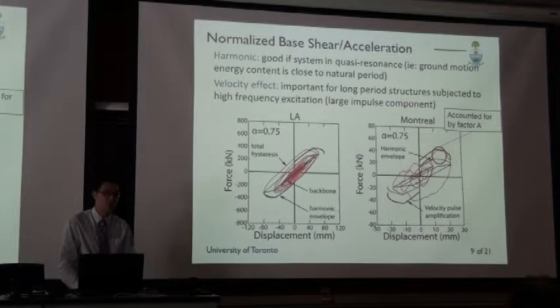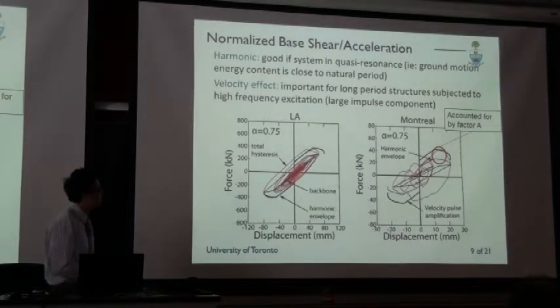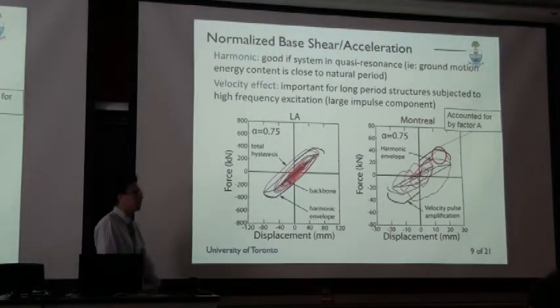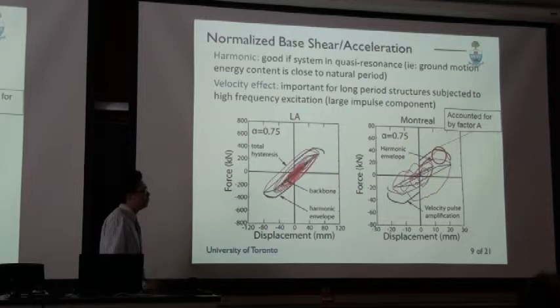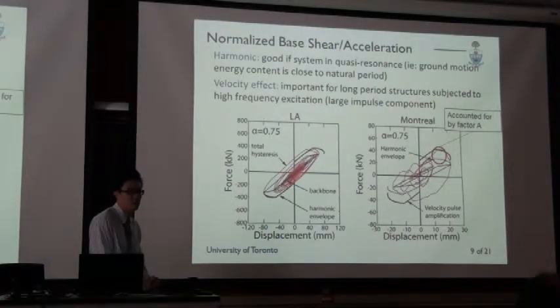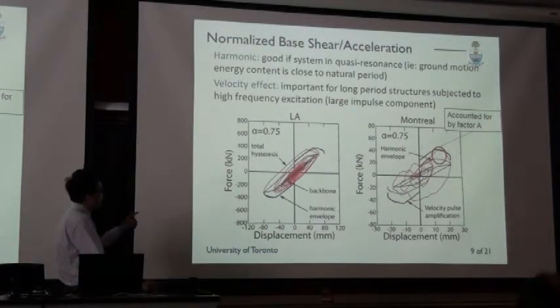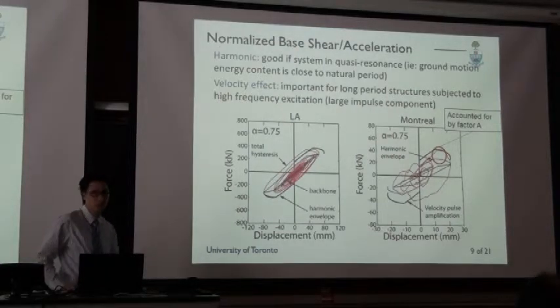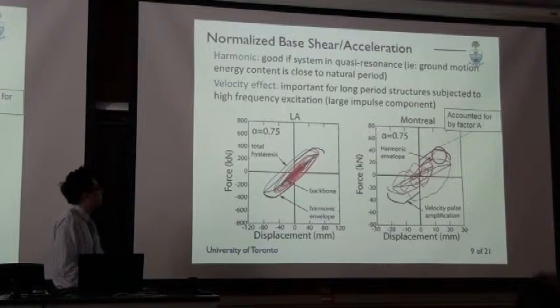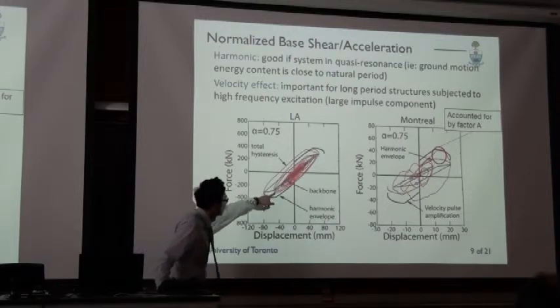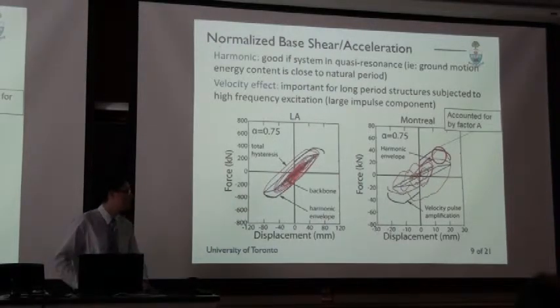To better illustrate what I mean by these effects, we compare two time history records from two ground motions. On the left, we have a California motion, and on the right, we have a motion from Montreal, which is known to have high frequency content. In the California motion, because we have relatively large frequency content at the structural period, typically the quasi-resonant response will dominate, and the harmonic envelope shown in black here gives a fair prediction of the maximum base shear.